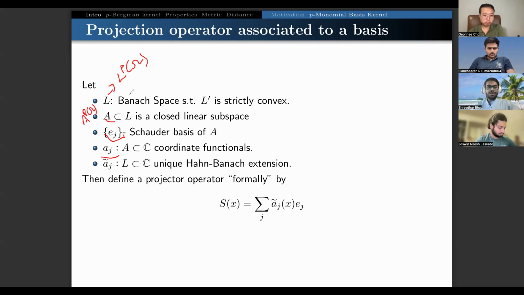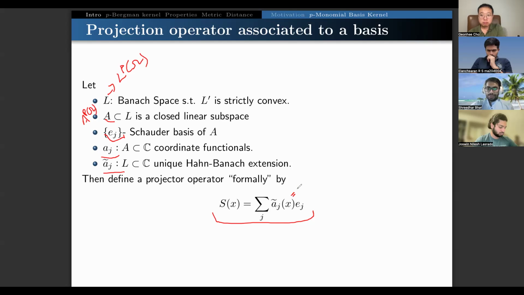And it is known that all these LP of omega are strictly convex. So in particular, LQ, which is the dual of LP, will also be strictly convex. So we have this unique extension, and we have this as well. All right.